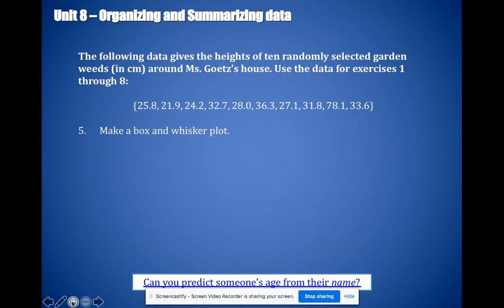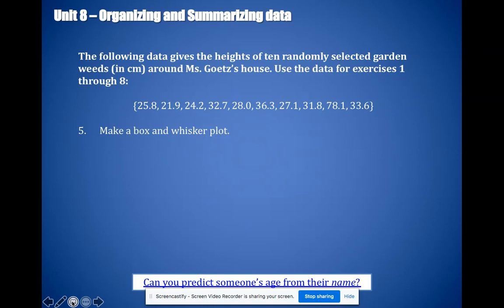Box and whisker plot, I expect that you have made those before. Maybe you have or have not seen the difference between a box plot and a modified box plot. I will be sure to say in the directions which one I want.